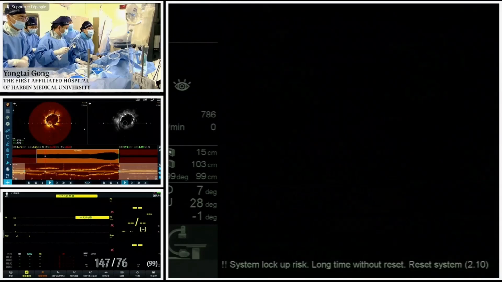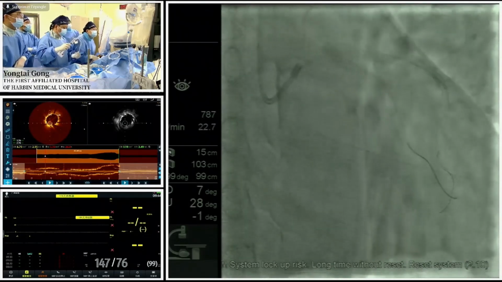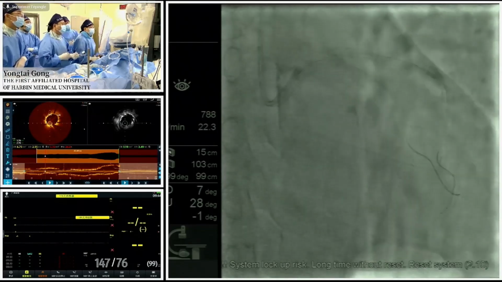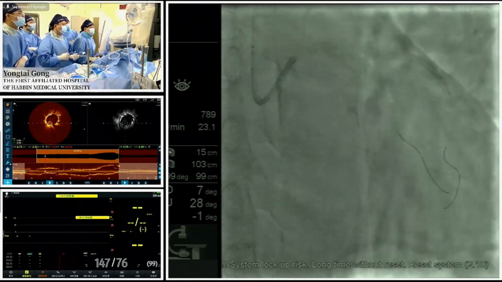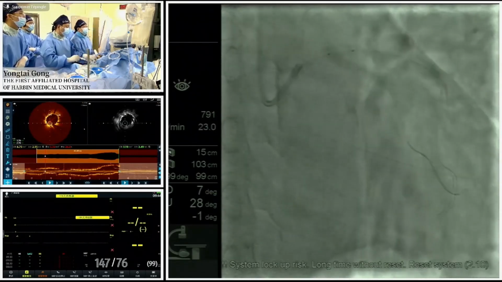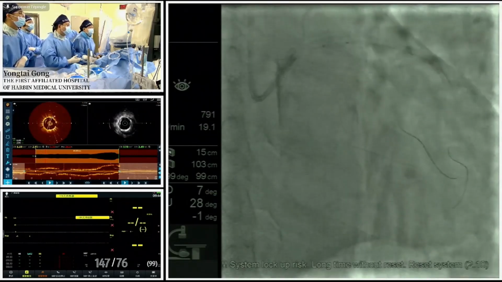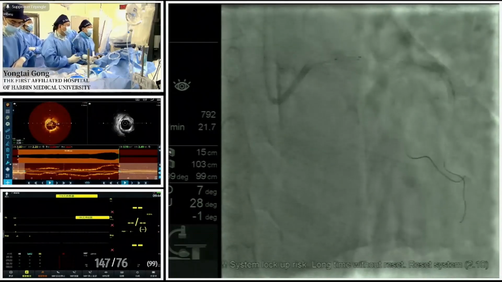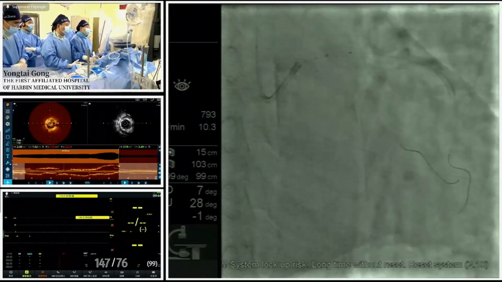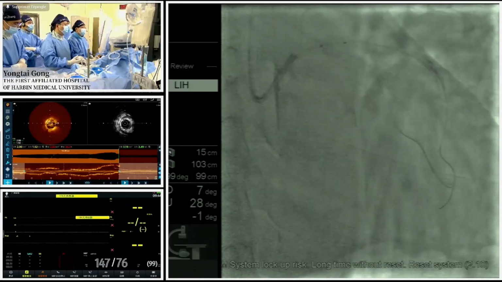For this patient, I think the POT is super important because after the POT, it's kind of easy to deliver a wire through the ostium of the circumflex. Right, Dr. Gong? Yes, I saw it was kind of easy to deliver the wire in the circumflex. The POT will help us to deliver the wire to the circumflex easily.